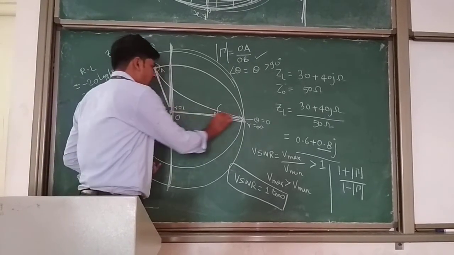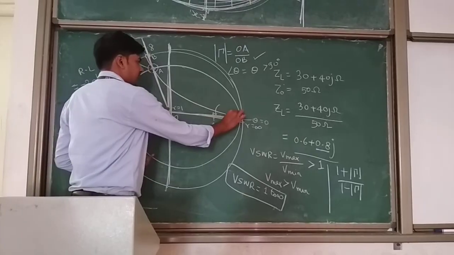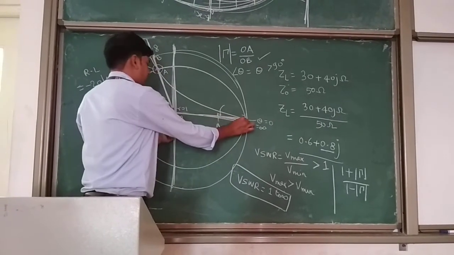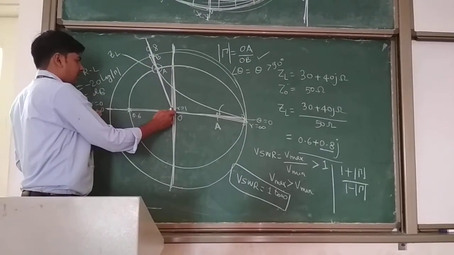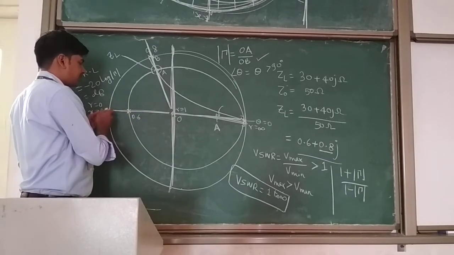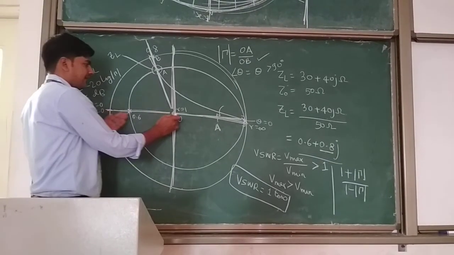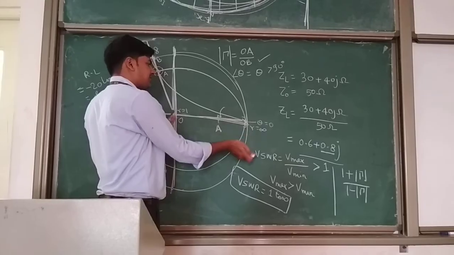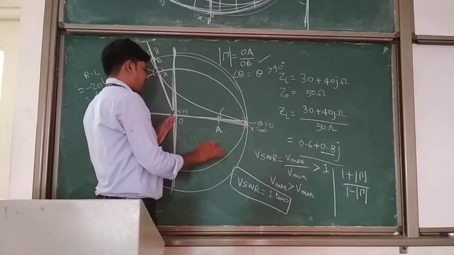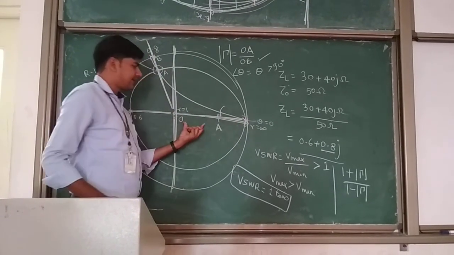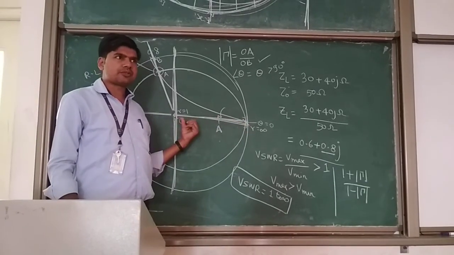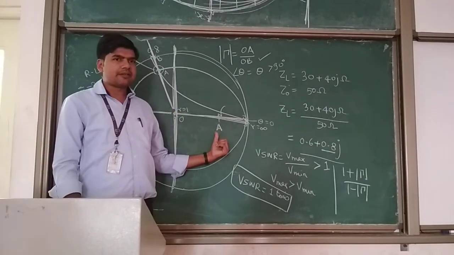Obviously, on this line it is from 1 to infinity. Do not intersect the point on this line because this doesn't represent the VSWR scale. This represents the VSWR scale as well as the resistance scale. So you can use this scale to find VSWR.